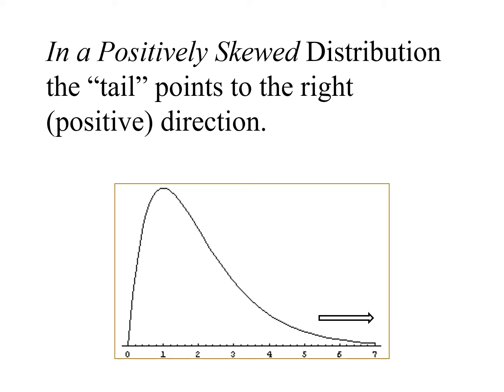But there are also a few individuals way off to the right side of the histogram, forming a long tail. In a positively skewed distribution, the tail points to the right. That is, the tail points in the positive direction. When I say it points in the positive direction, I mean that the x-axis is like a number line, where positive numbers are to the right of negative numbers.